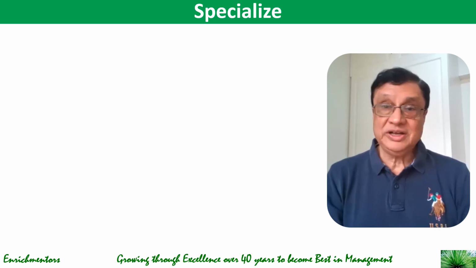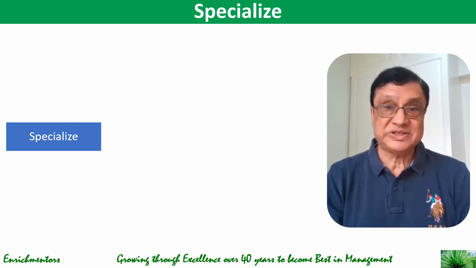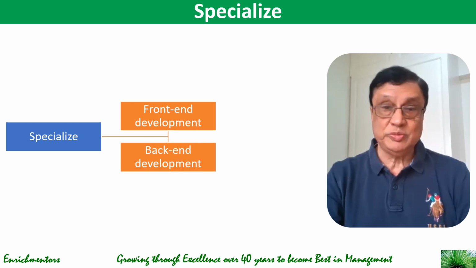Specialization is important. Consider specializing in a specific area. You have many areas to choose from, and this will keep coming up as we go further. You could become a front-end software developer. You can choose to become a back-end developer. You can do both and become a full stack developer.